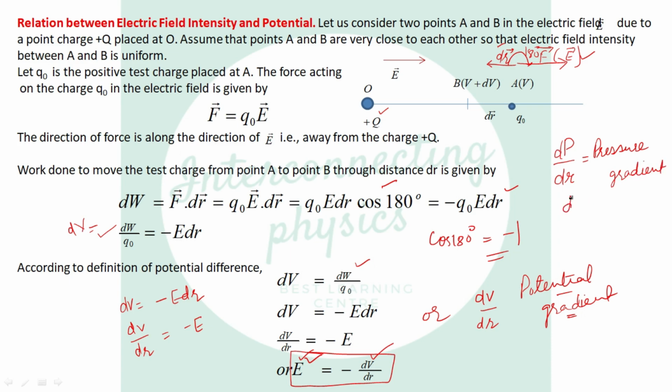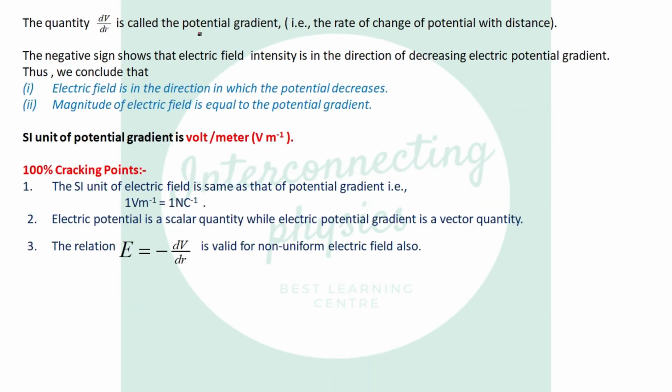If we divide velocity by distance, we call it the velocity gradient. Any quantity when divided by the change in displacement becomes its gradient, that is, pressure gradient, velocity gradient. So dV by dr is called the potential gradient, that is, the rate of change of potential with distance.